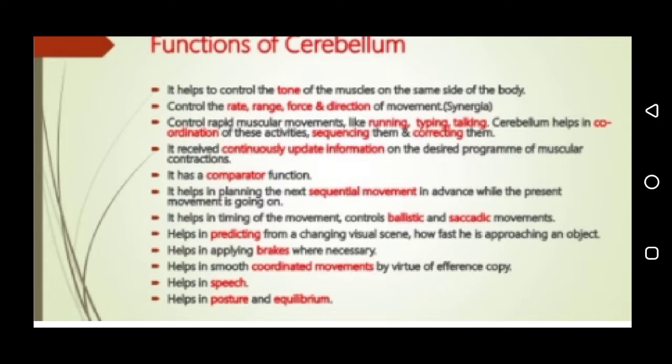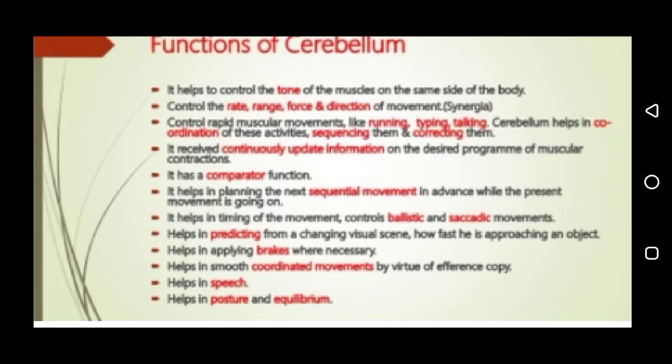Fourth, it receives continuously updated information on the desired program of muscle contraction, and it calculates and predicts the time of movement. Fifth, it has a comparator function. Next, it helps in planning the next sequential movement in advance while the present movement is going on.